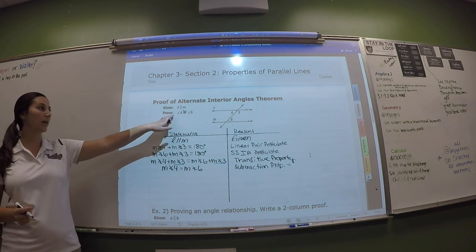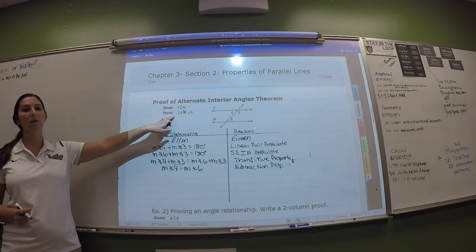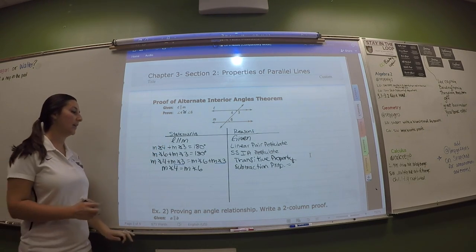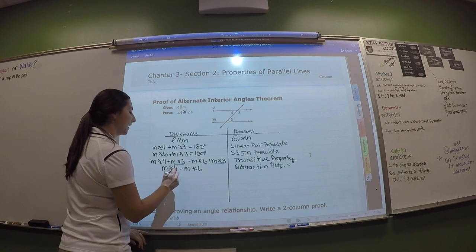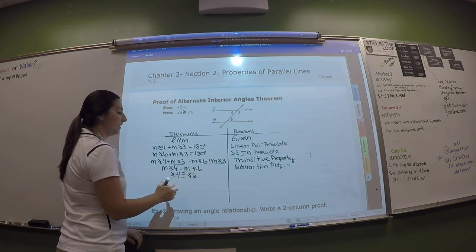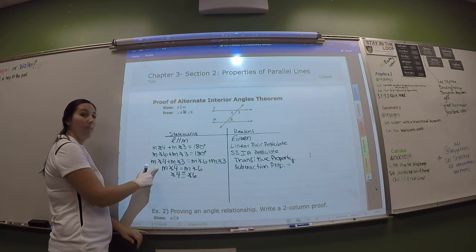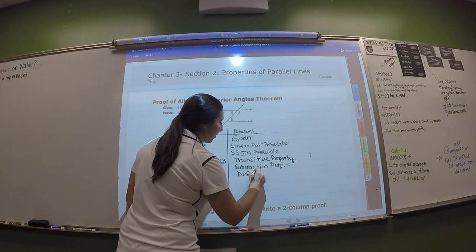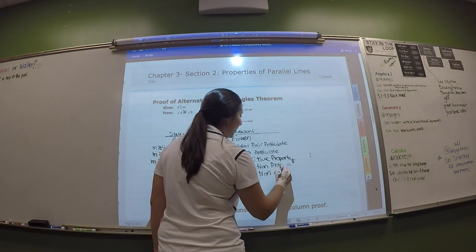Now we're here. What are we trying to get to? Congruent. So we're really close. Why can we say that 4 and 6 are congruent? Definition of congruence. Yes. When we go from measure to congruence, that is the definition of congruence.